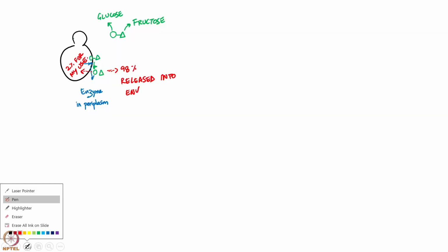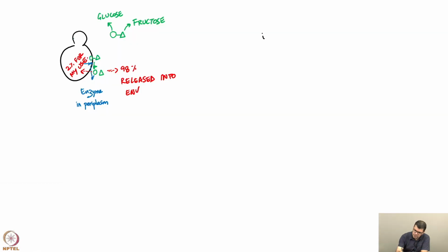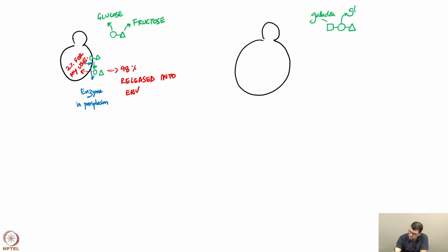Lastly, there is another interesting system in yeast which is a mixture of these two systems that we looked at, and the sugar in this case is called raffinose. So, it is galactose, glucose, fructose. This is galactose, glucose and fructose. And now this can be hydrolyzed in a variety of ways.